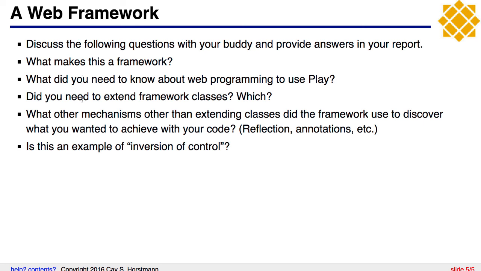Now, some frameworks do everything with just extending, like Swing. In Swing, you extend, and that's really all you do. In JUnit, you have to use annotations. You have to use the @Test. Play had a different way of achieving some configuration, that funny conf/routes file.